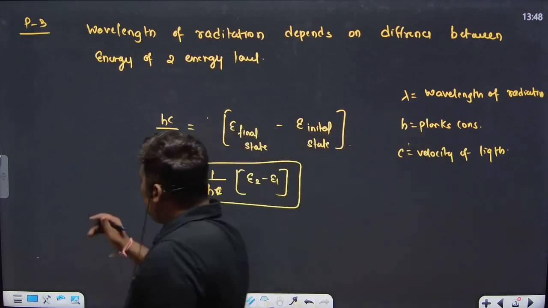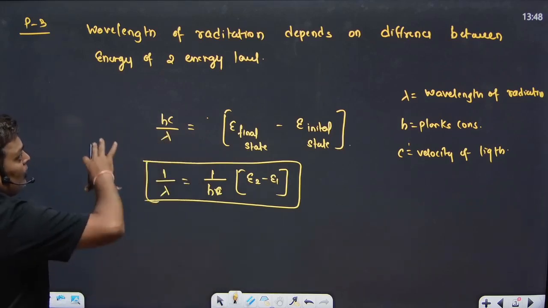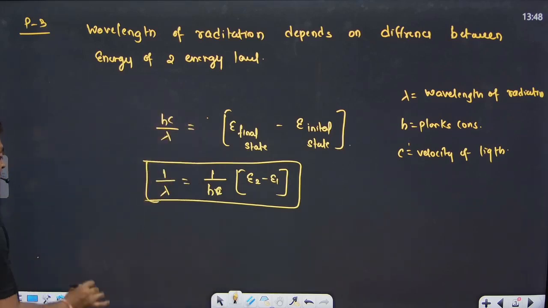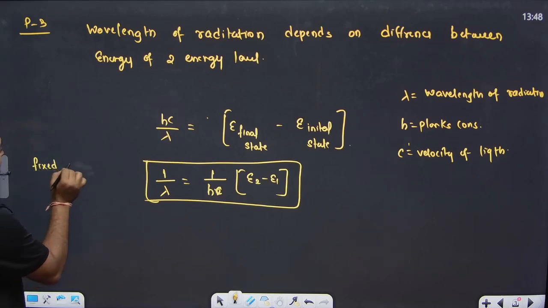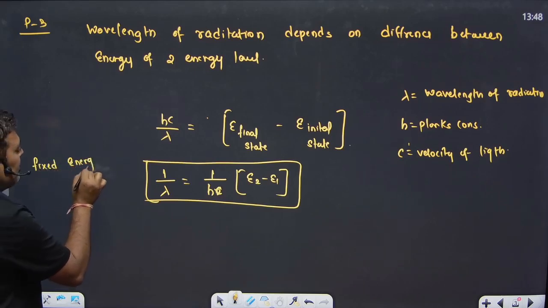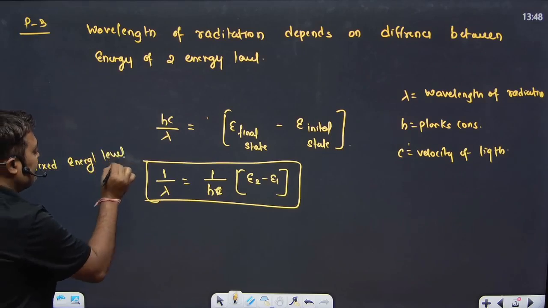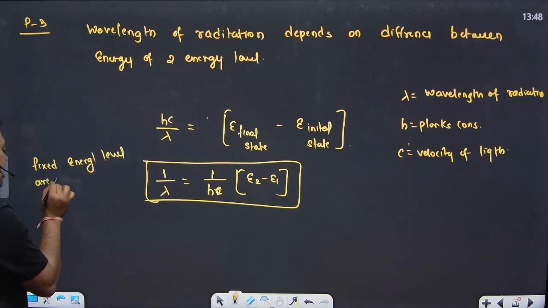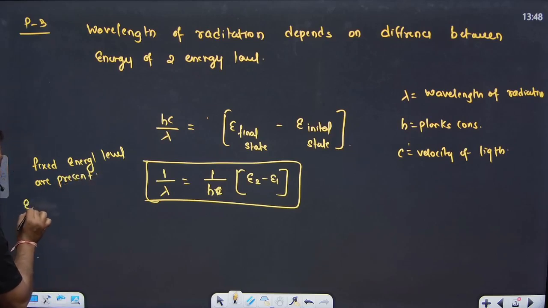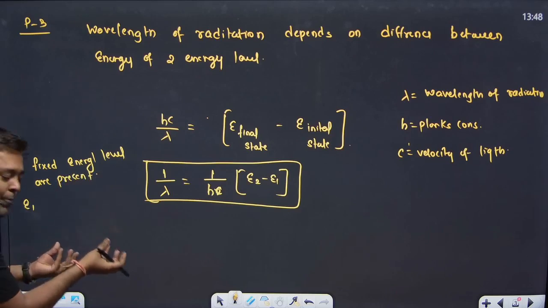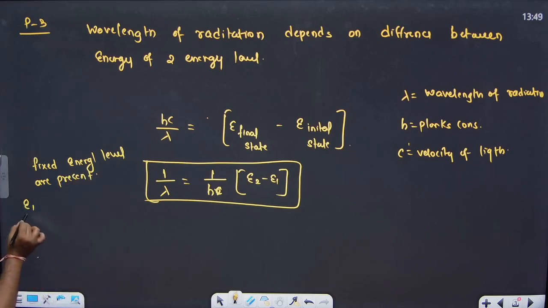Now from the third postulate, what we can conclude is that a few fixed energy levels are present in an atom. We have the E1 energy level. We just computed the E1 energy level for the hydrogen atom, that was minus 13.6.